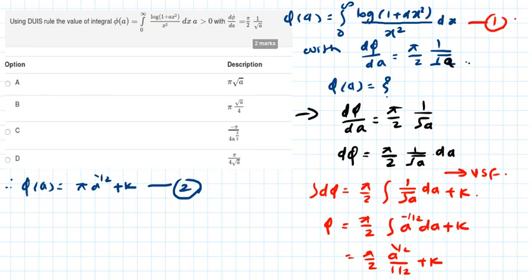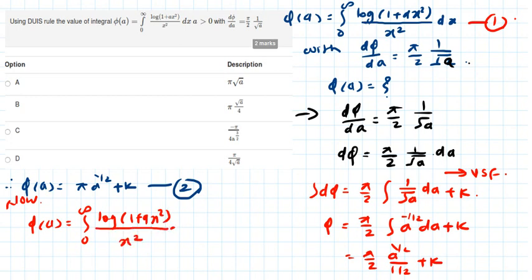Okay, now using equation number 1, what is equation number 1? Phi of a equal to integration 0 to infinity log of 1 plus ax square upon x square dx.